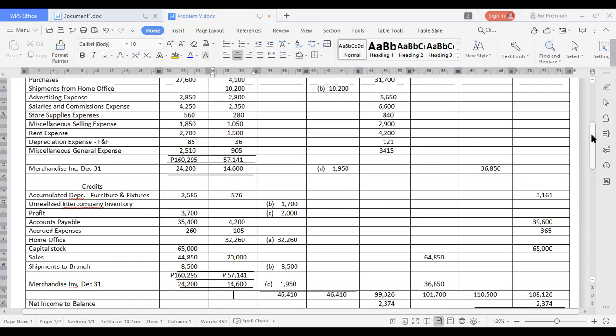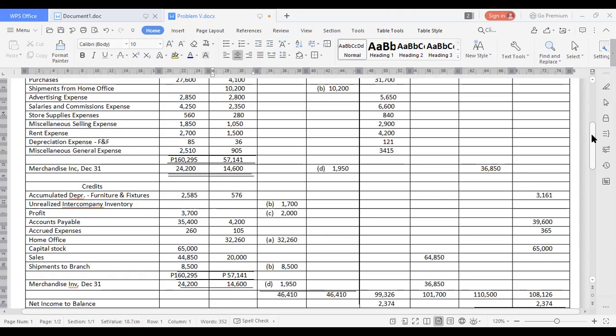Take note, in the income statement columns, on the credit side you have your revenue and the deduction from cost, which is your ending inventory. On the debit side, we have your cost of sales items, including beginning inventory and purchases, and we have your expenses.